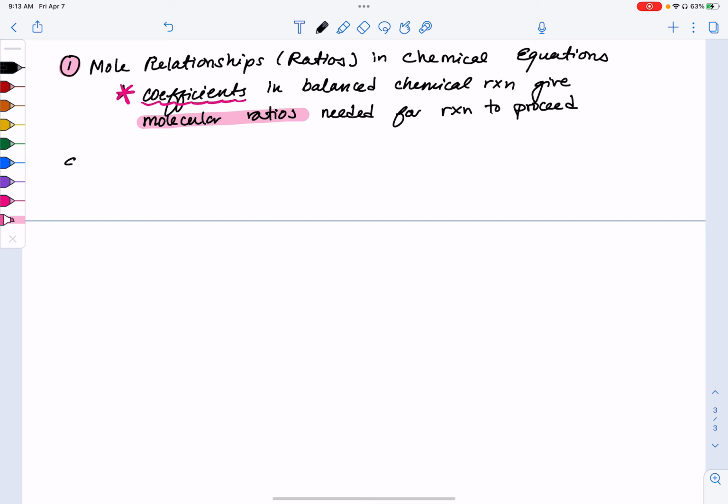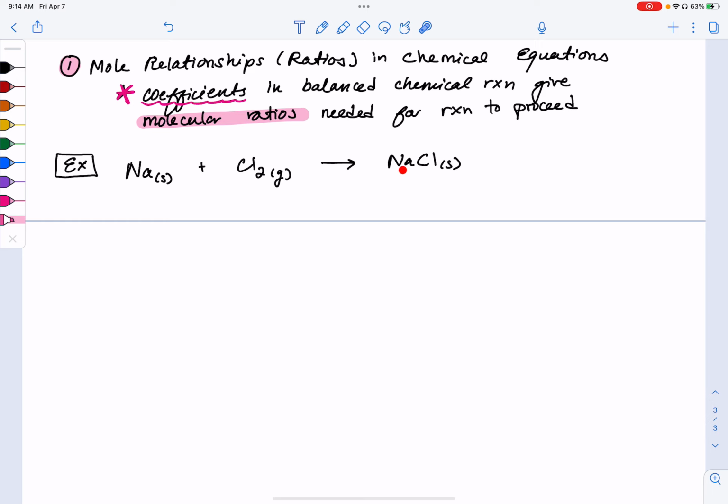So for example, if I were to look at the synthesis of sodium chloride from elemental sodium metal and elemental chlorine gas to make solid sodium chloride, I would need to, of course, balance this chemical reaction to ensure that I am obeying the law of conservation of matter. So I have one sodium atom on my reactant side, one sodium atom on my product side.